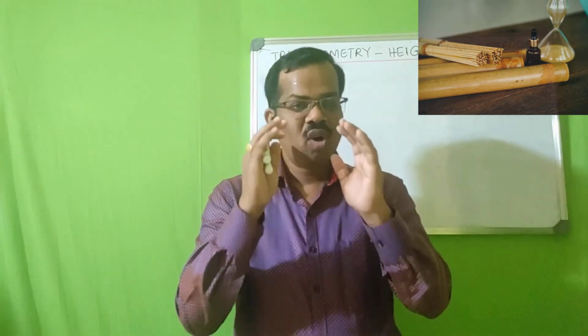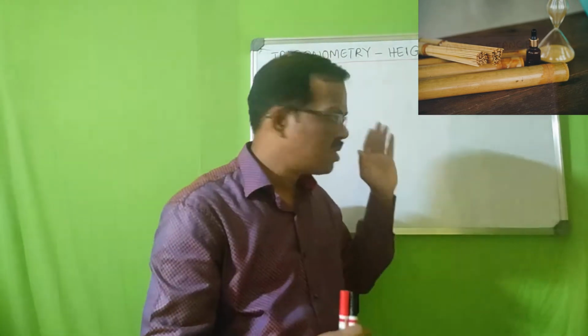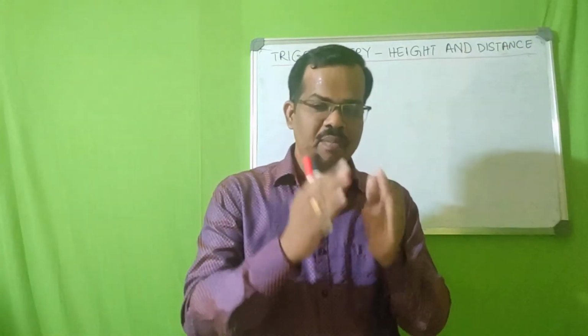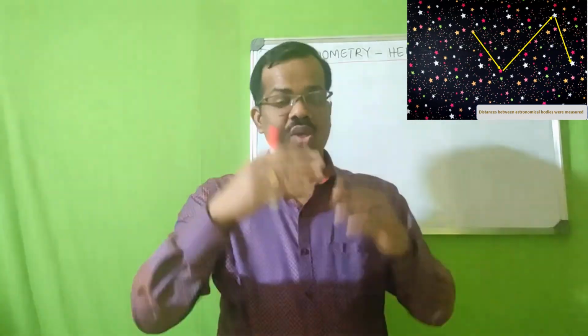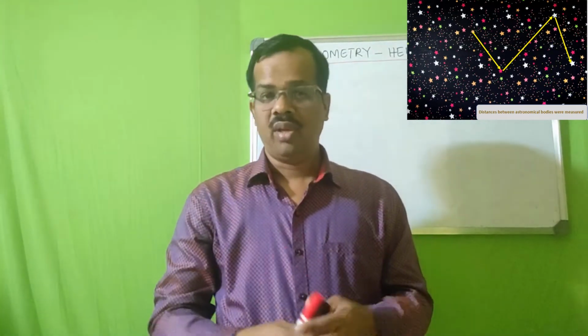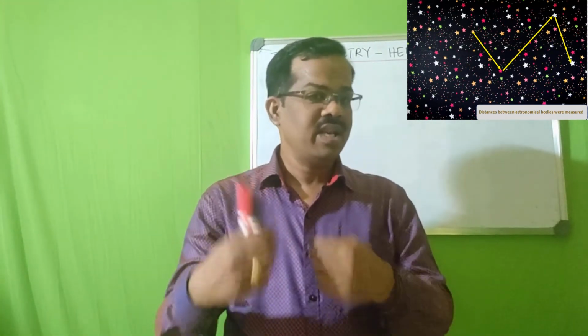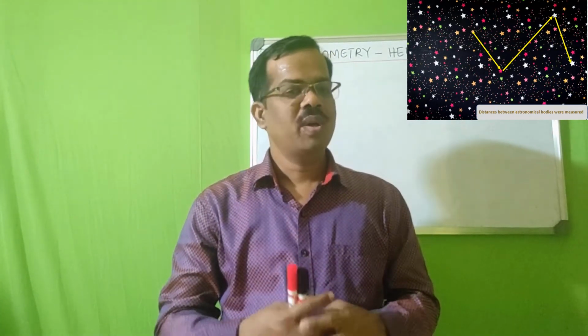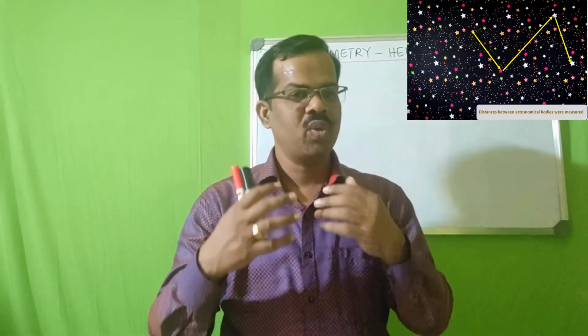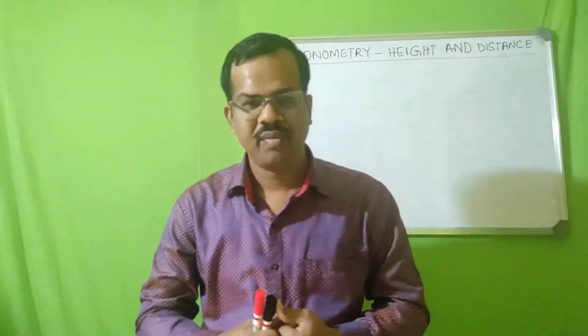With the use of a hollow bamboo stick and with the principle of height and distance, he was able to measure the distance between celestial bodies. A great scientist, and he really applied the principle of trigonometry to measure those distances between the astronomical bodies.